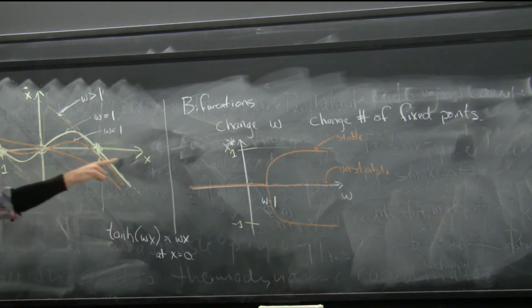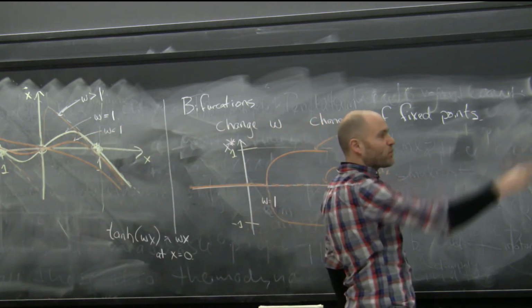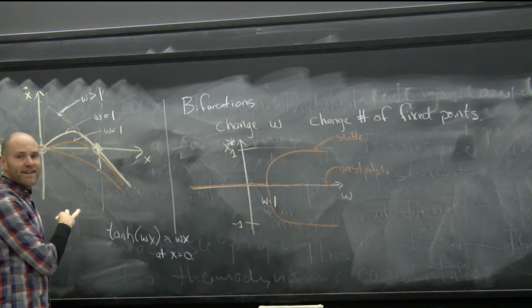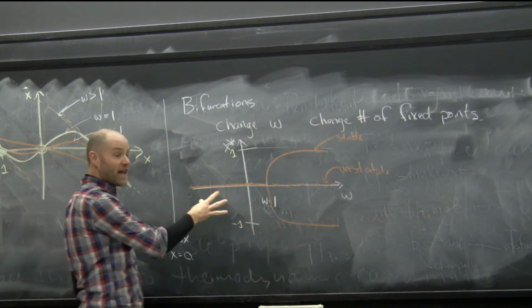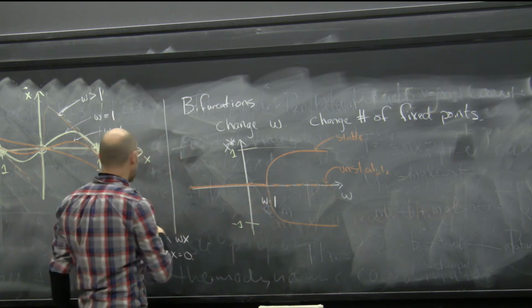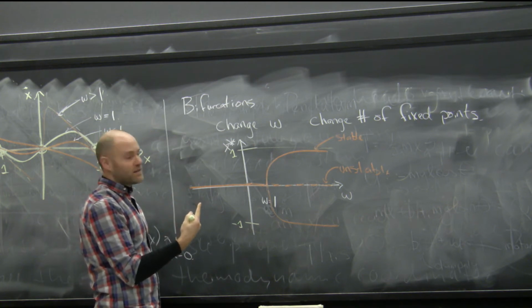Not only did I take a nominal system and understand what the fixed points were, now I took a parameterized system and I was able to draw a lot of information, to the point where I think we really understand the answer to that question of where x is going to be as t goes to infinity.